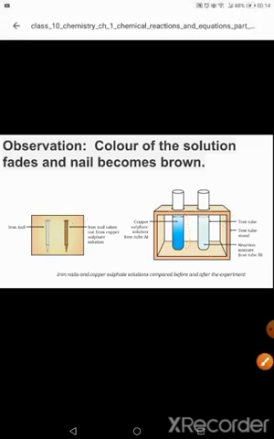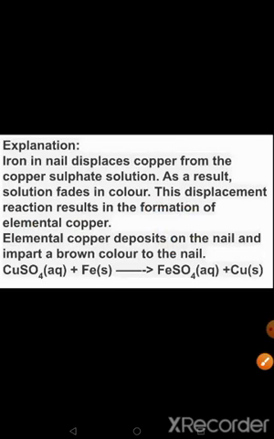We'll learn now. See here, the iron in the nail displaces copper from copper sulfate solution. So copper is displaced from copper sulfate solution, because of which the solution has faded down. So whenever an element is displaced from its compound, we call it a displacement reaction. We normally say a more reactive element displaces a less reactive element.